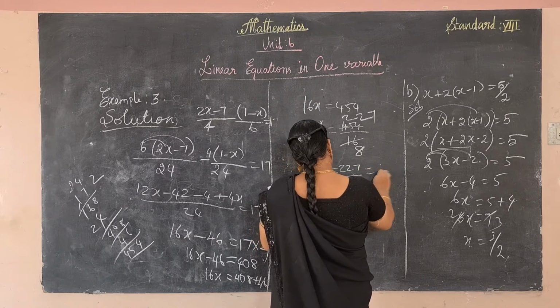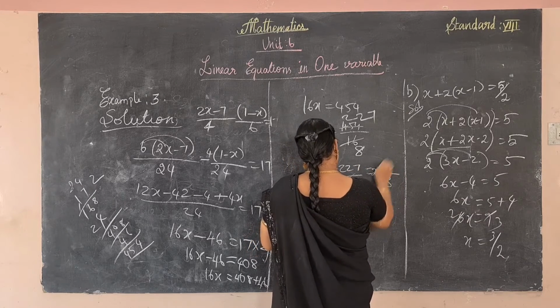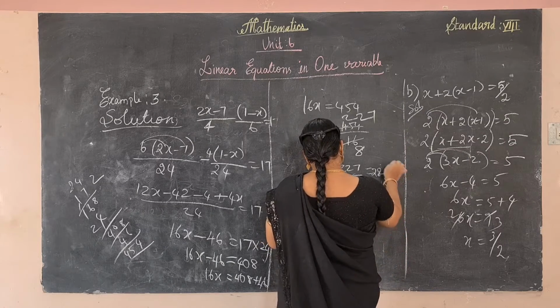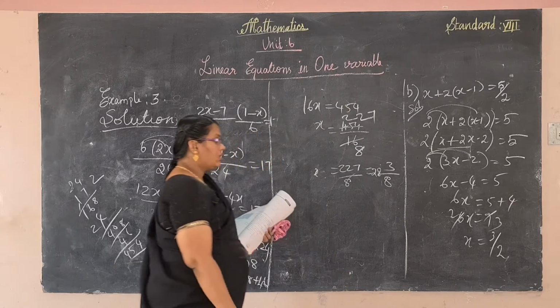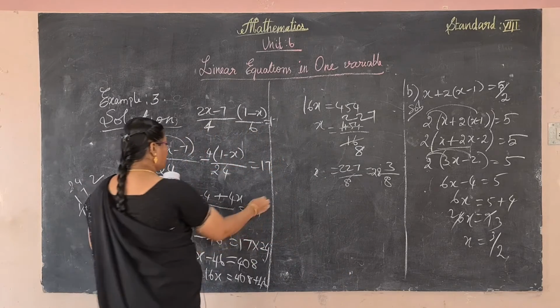Okay, it can be written as 8 times 28 plus 3. So x is equal to 28 3 by 8, that is the answer. Okay, now move to this.